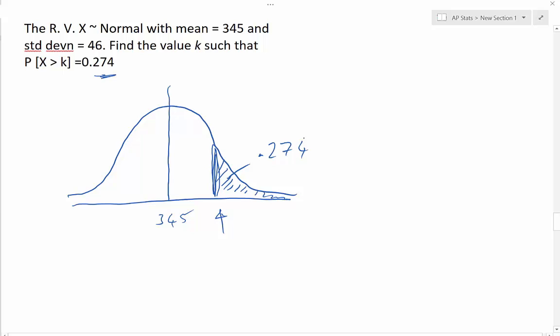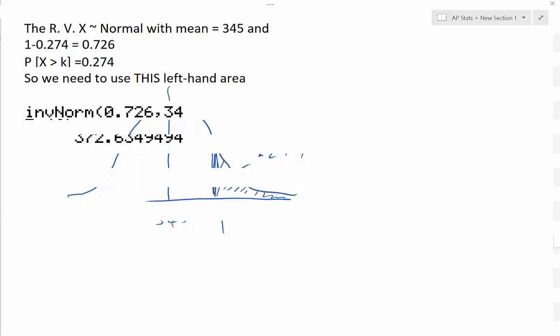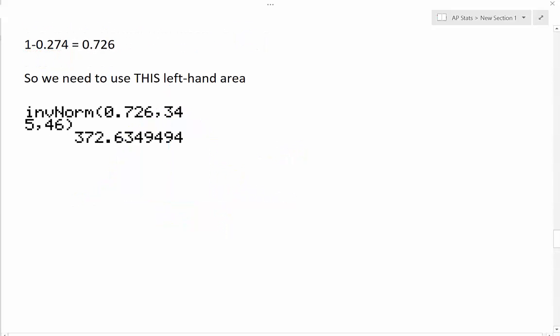The problem is that is a top tail area and not a left area. So what's the left area associated with this? Well, clearly it's just 1 minus that. So 1 minus that is 0.726, so we need to use that left-hand area, and we find out that the value is 372.6, which certainly is consistent with the diagram. It's much bigger than the mean, so we're good.